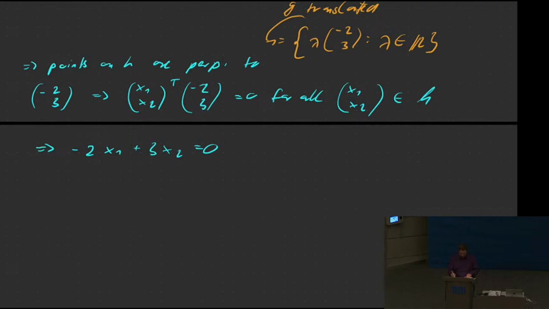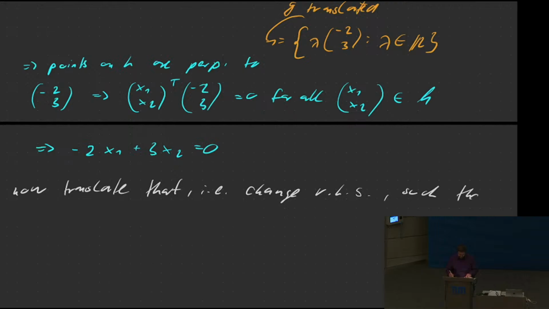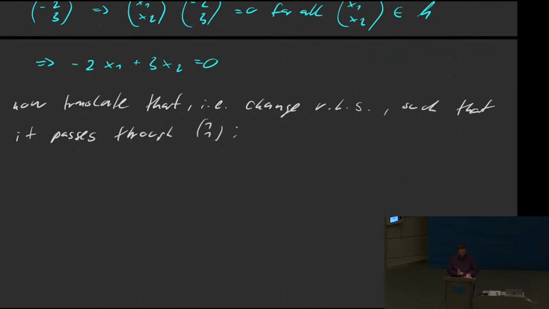So all we need to do is translate that, meaning change the right-hand side such that it passes through this point 1,1. Well, how do we do that?